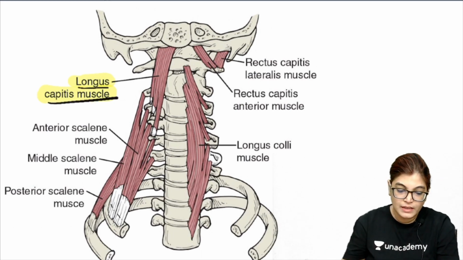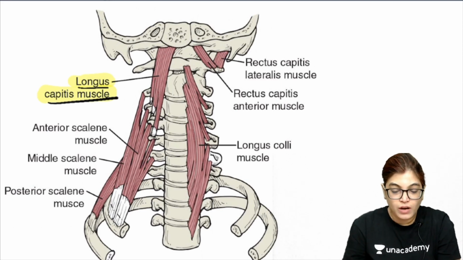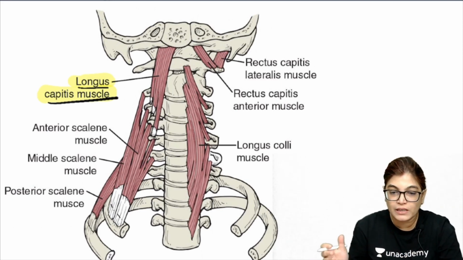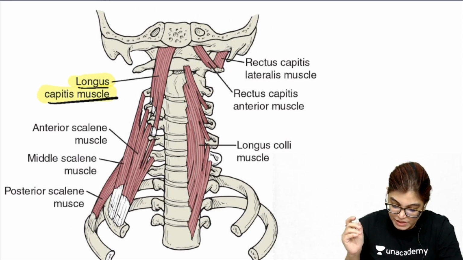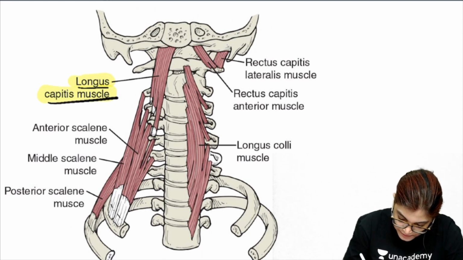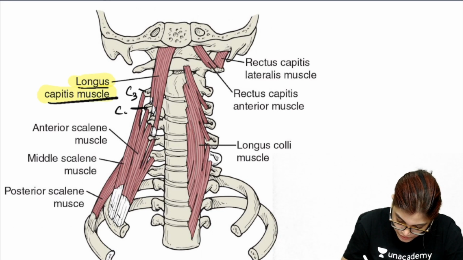The longus capitis muscle arises from the anterior tubercle of the transverse process of C3, C4 and C5. See here, this is C3, this is C4 and this is C5.